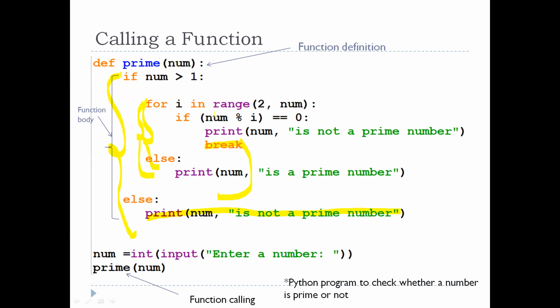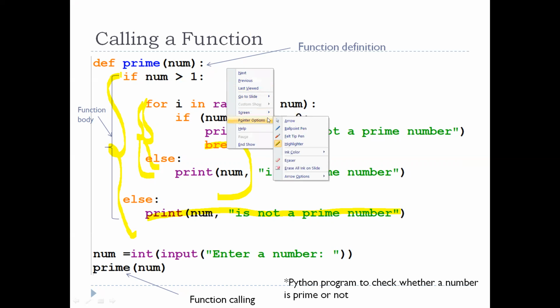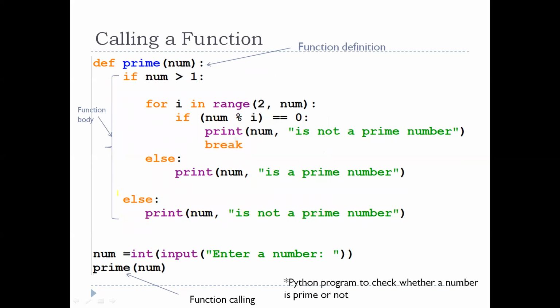Now, this is about the logic. Now let's look at how a function is defined in Python. Basically, first we give the function definition to the Python interpreter. In the previous slide, I told you that we start a function definition with the def keyword.